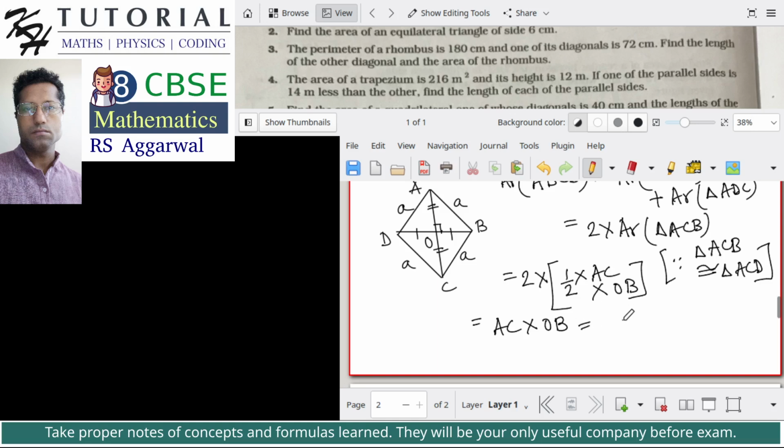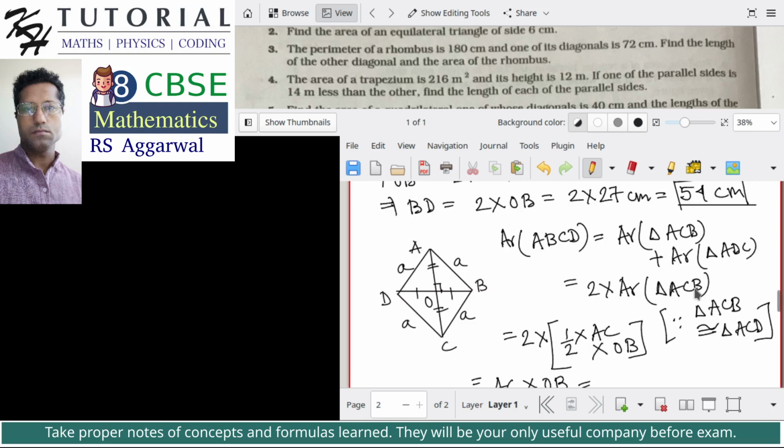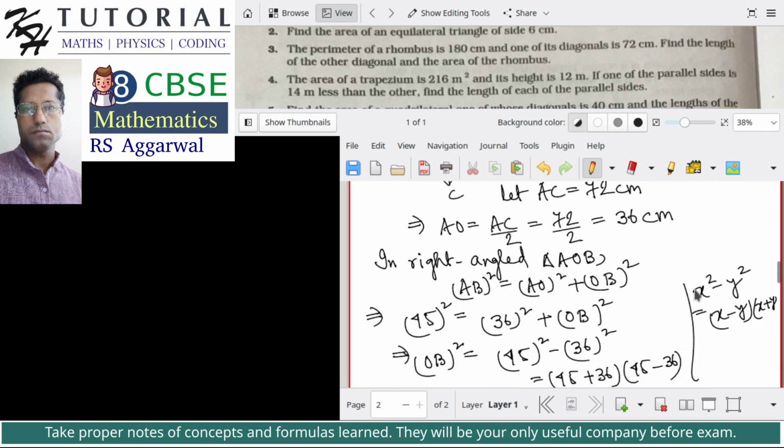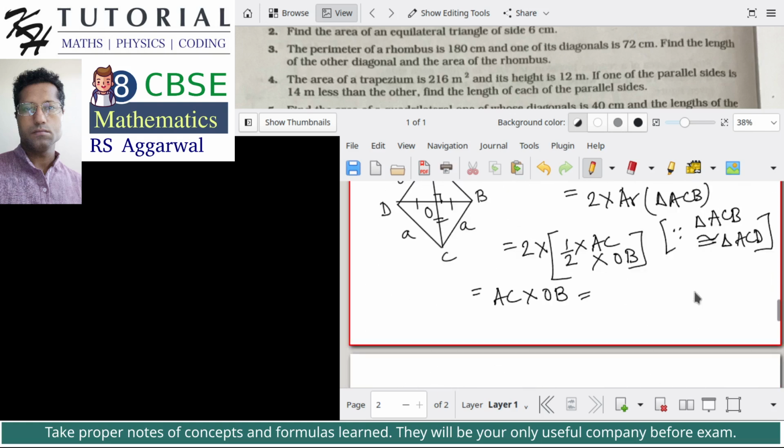So what is AC? AC is given to be 72 centimeter. So AC is 72, and what was OB? OB is half of BD, which is 36.